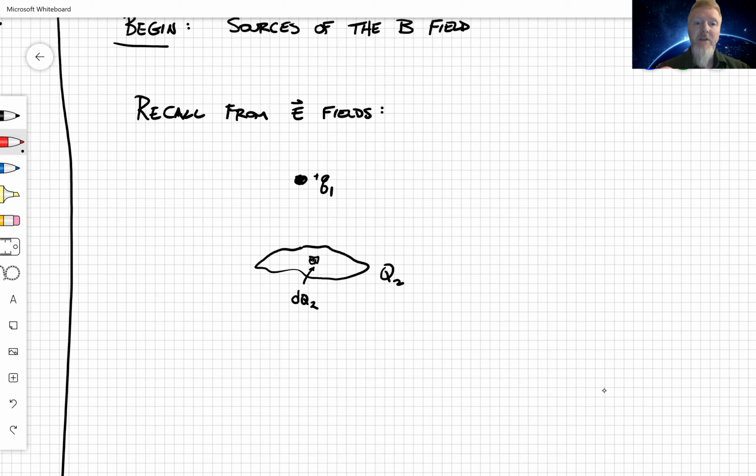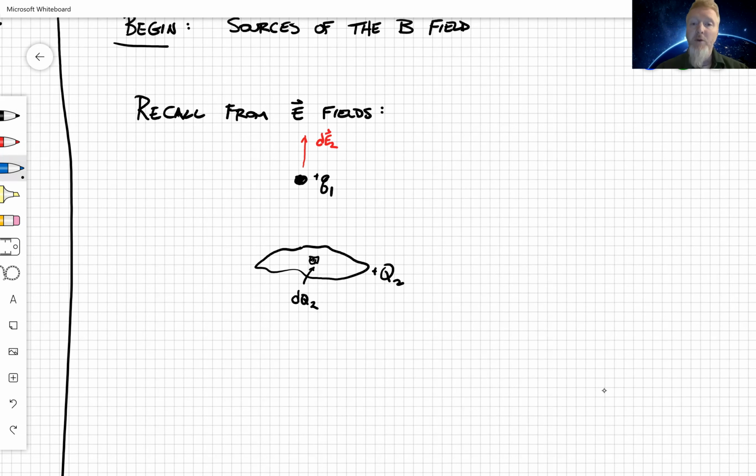And the electric field is out here, and let's suppose this is also positive. I forgot to notate that. And therefore, the electric field made by dQ2 is going to be dE2, and it's going to be out here at the location of charge Q1. So at the location of charge Q1, the electric field looks like this.